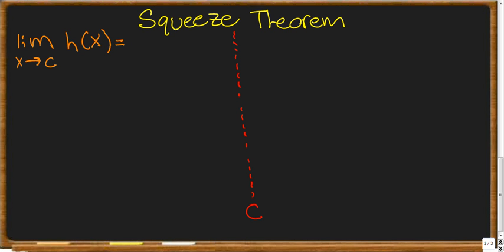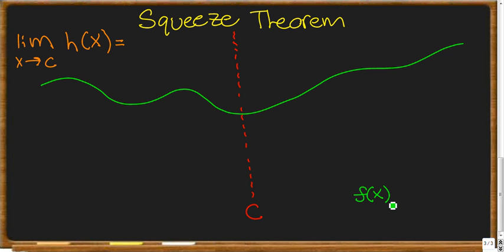So let's say we have a function f. So f looks like this. Nice and smooth curve, no big deal. Okay, so we've got our f. And then we have this other function, which is going to be g.